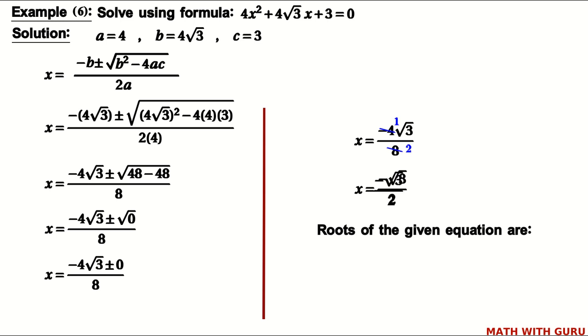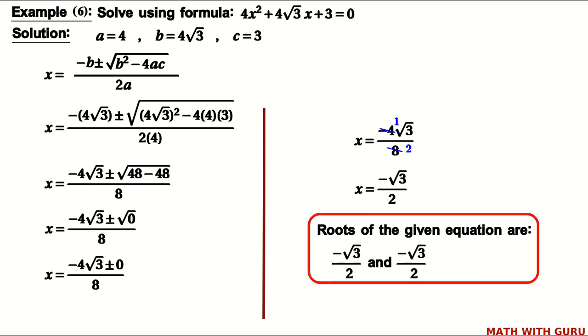The roots are minus root 3 divided by 2 and minus root 3 divided by 2. That is, the roots of the equation are equal. The equation has equal roots, or we can say that the equation has only one root.